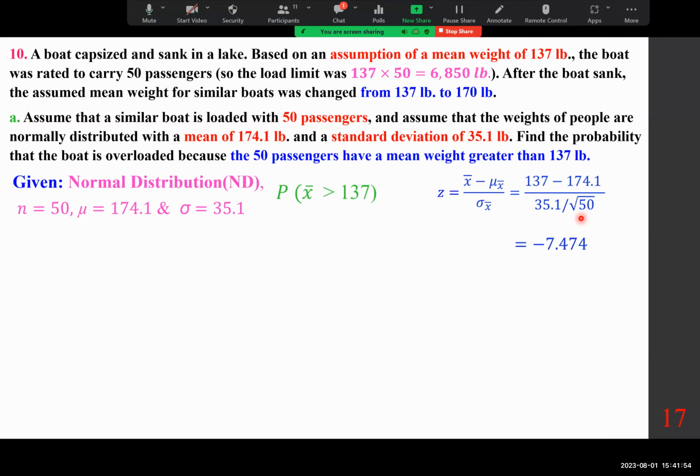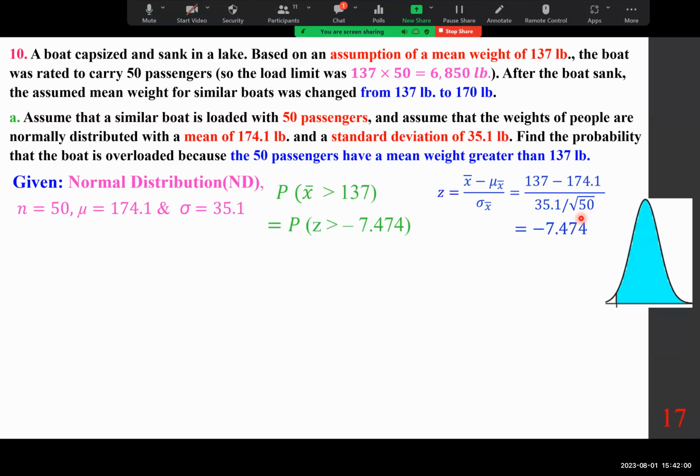You do the math, you end up with negative 7.474. And that's almost 1 or 100%, because when you go to negative, remember, if you cover 3 standard deviations on both sides, it covers almost everything, 99.7%. So you're somewhere here, negative 7.474, that covers everything. So the answer is 1 or 100%.